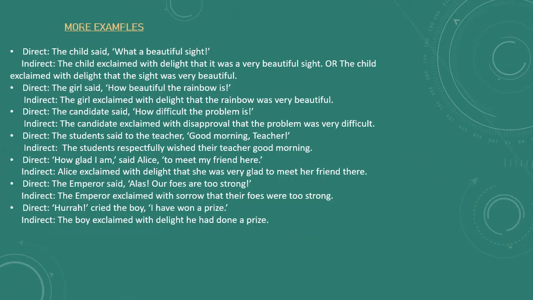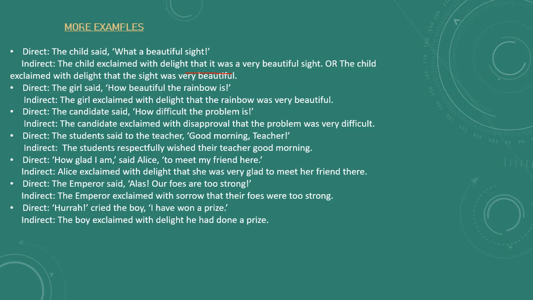You can see the example. The child said, what a beautiful sight. Just now we have read that when what is followed by an adjective, you are going to use very. I have also told you that such sentences need to be first converted into assertive, like the child exclaimed with delight or surprise, the comma will be removed, that will be used. Then see this part, what a beautiful sight. Here you commit a mistake.